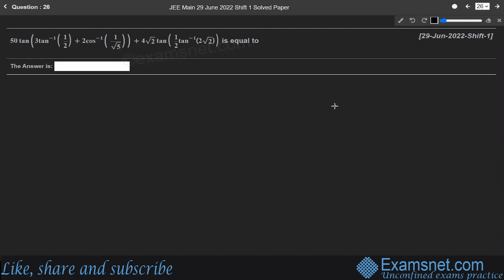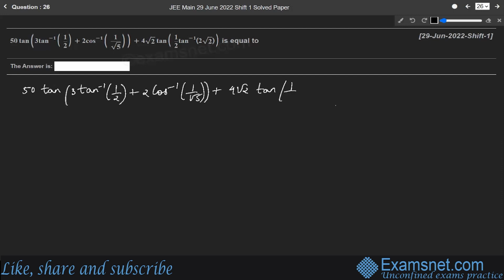So let us first write the given expression: 50 tan(3 tan inverse 1/2 + 2 cos inverse 1/√5) + 4√2 tan(1/2 tan inverse 2√2). All right, so let us simplify this expression first.